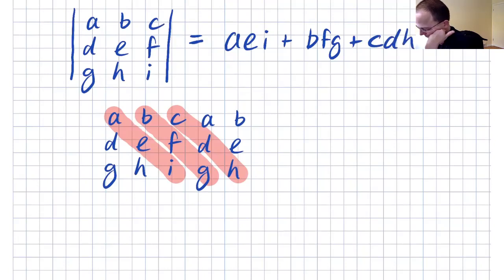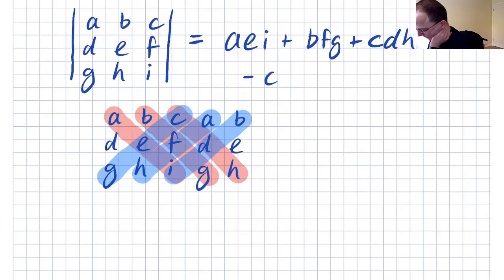And then we go in the other direction. There are these other diagonals: CEG, AFH, and BDI. We get those diagonals as well, and for those backward diagonals we go with a minus.